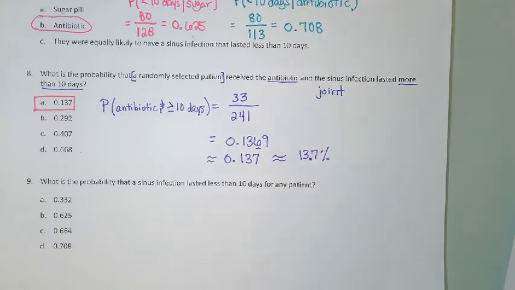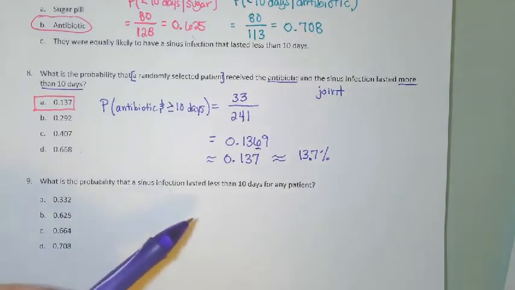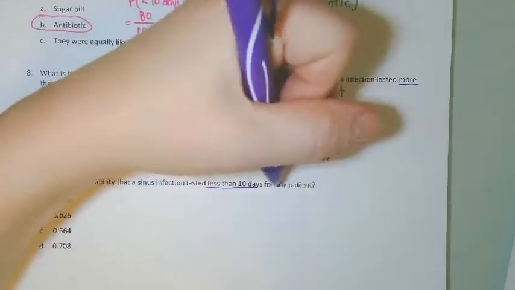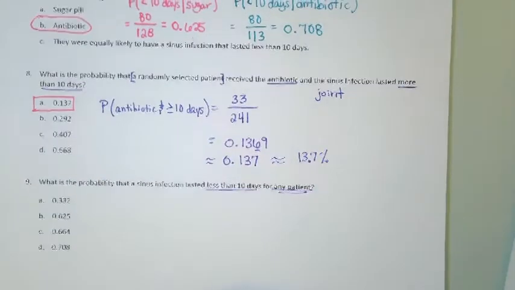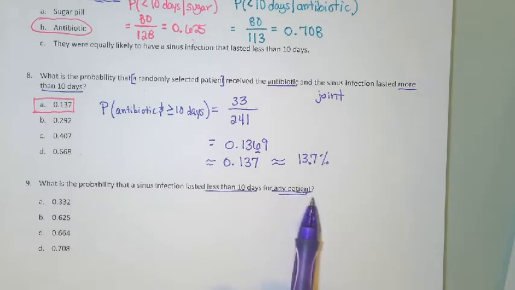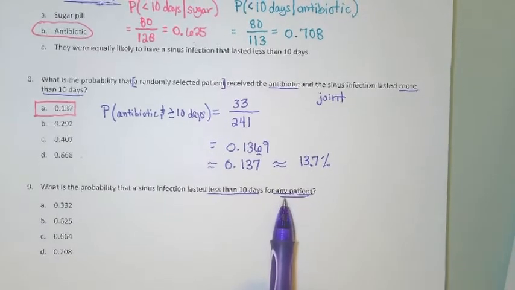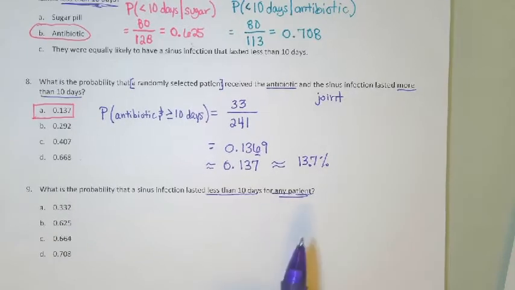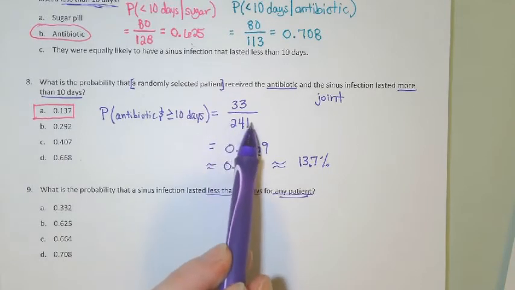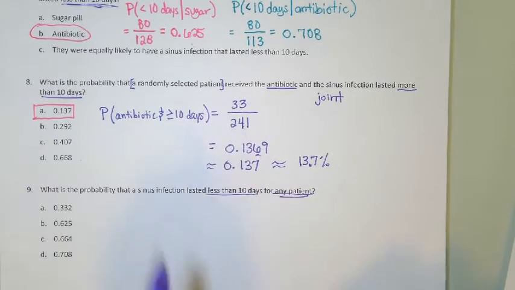Question number 9 says, what is the probability that a sinus infection lasted less than 10 days for any patient? So again, here we're looking at any patient. We're not limited to a subset. So I know when I set up my probability fraction, I'm going to have 241, the entire total number of patients, as the denominator.